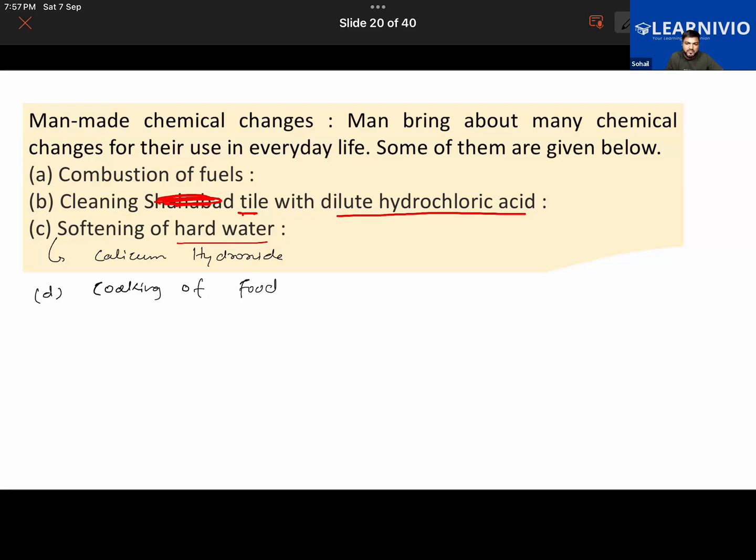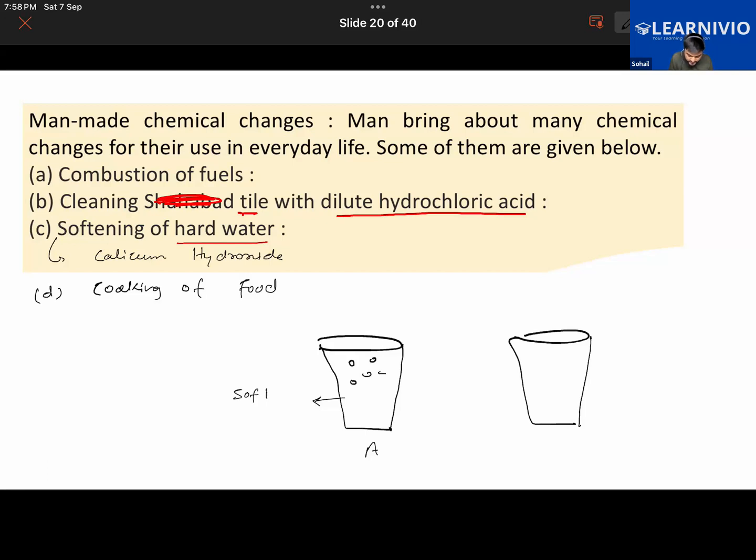Can you explain again? Okay, let us take one such example in order to understand this. Let us say that you have taken two glasses of water. If you were pouring the water in glass A, if lots of bubbles were formed, this is an indication that this is soft water.